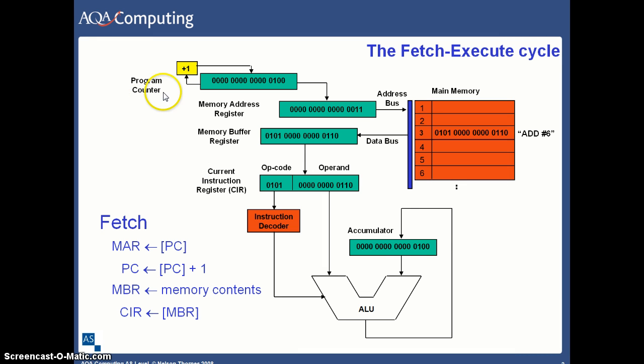The program counter, the accumulator, the current instruction register, the memory address register, the memory buffer register, these are dedicated registers. Two more that are not on the diagram are the status register, known as SR, and the stack pointer, known as SP.